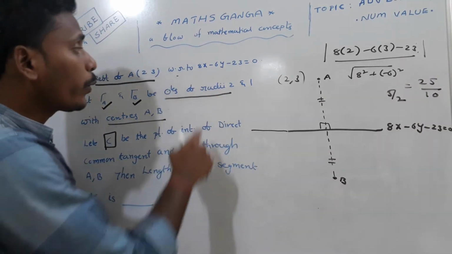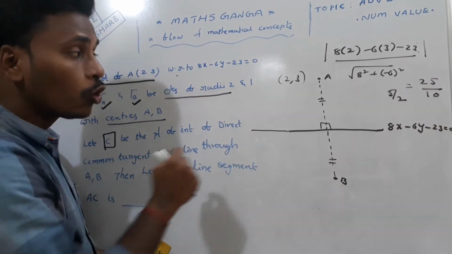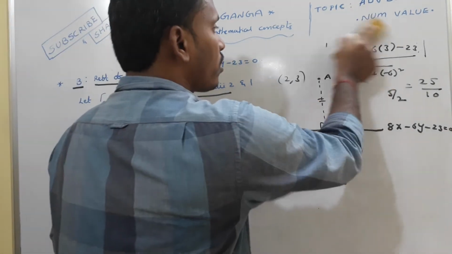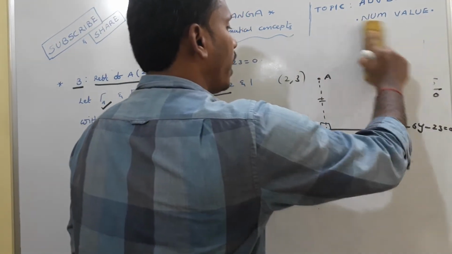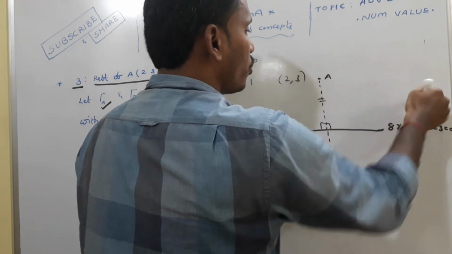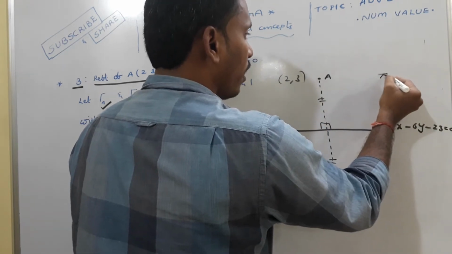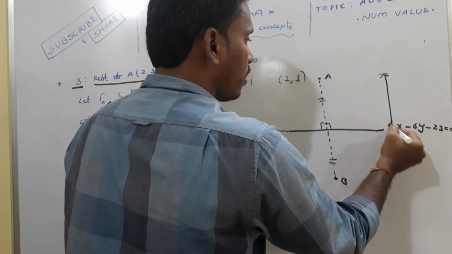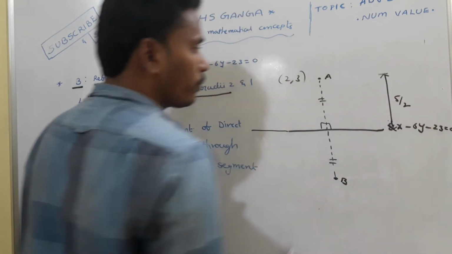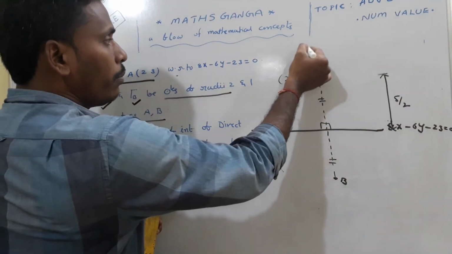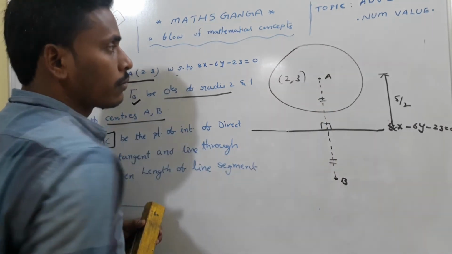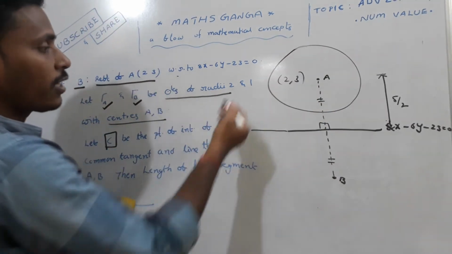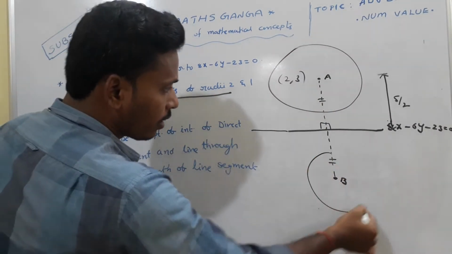And I am going to draw a circle of radius 2. Since the distance is 2.5 and the radius of the circle is 2, surely the circle never touches the line. So the circle may be like this, of radius 2, and another circle of radius 1, like this.